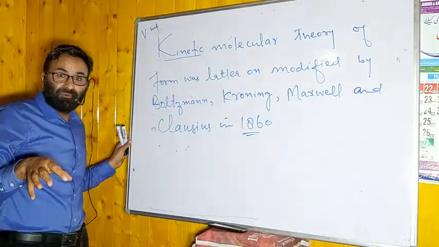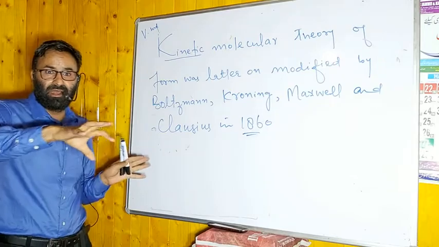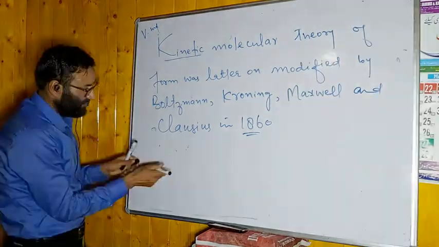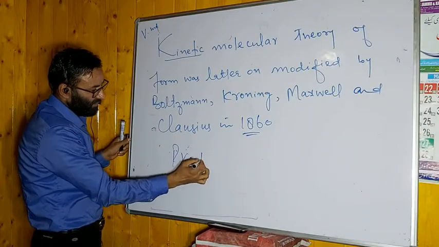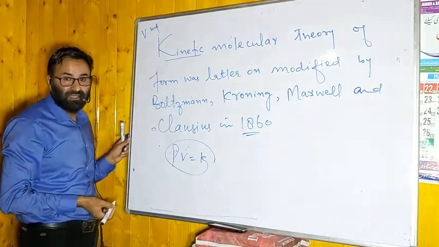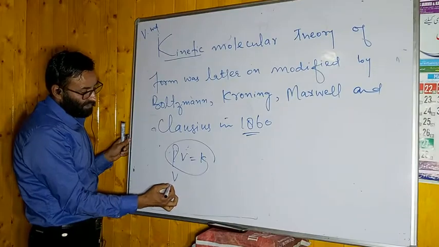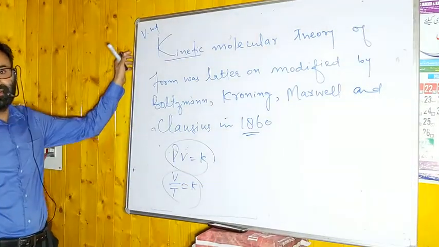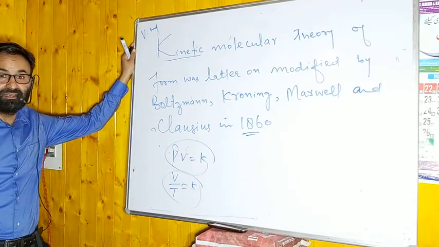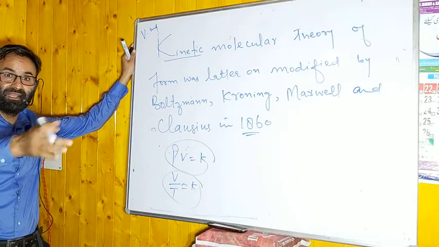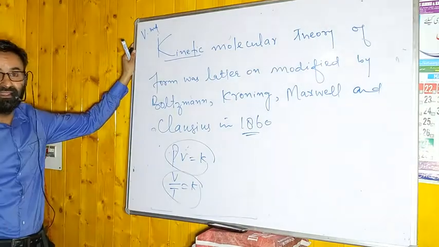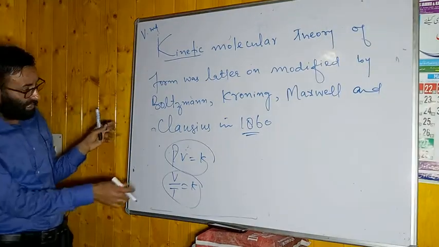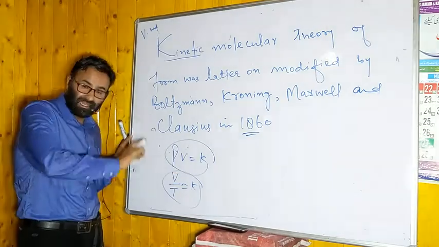This theory was proposed in order to derive the mathematical forms of the gas laws. For example, Boyle's law, PV equals constant, you can derive it from the theory. V by T equals constant, you can derive it from the theory. You can also remember it is that theory from which the mathematical forms of the gas laws can be derived.